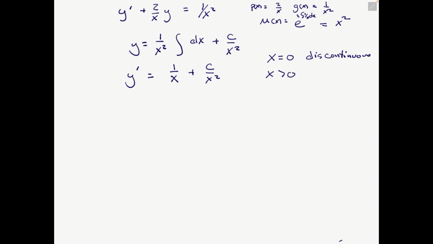Solve each equation for x greater than 0 and describe the behavior as x goes to 0. All right, so I think we'll be best served by using Excel, so we can take a look at each one.